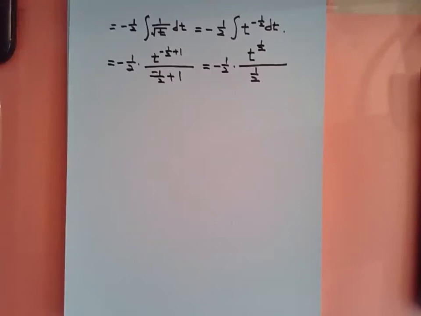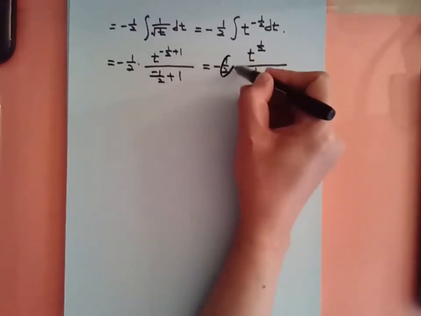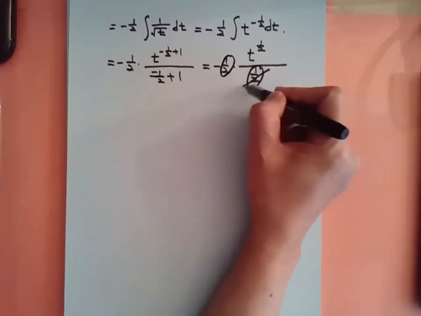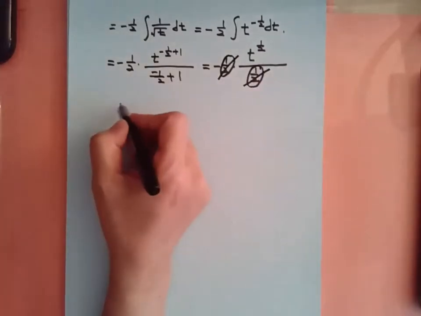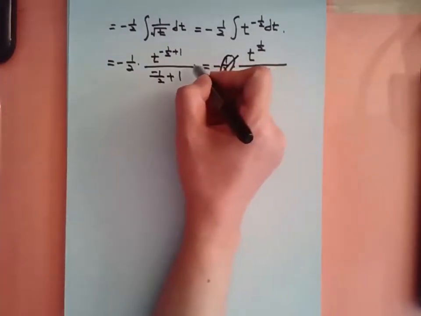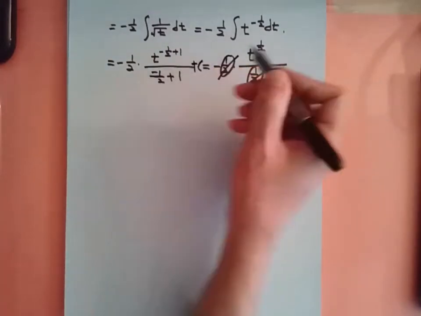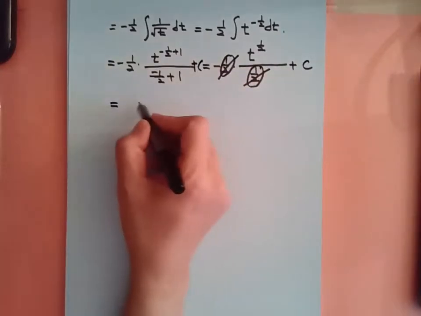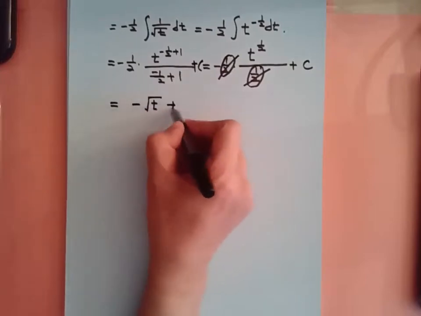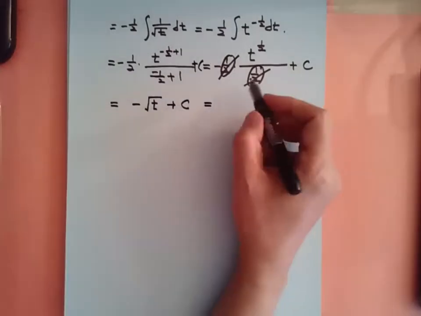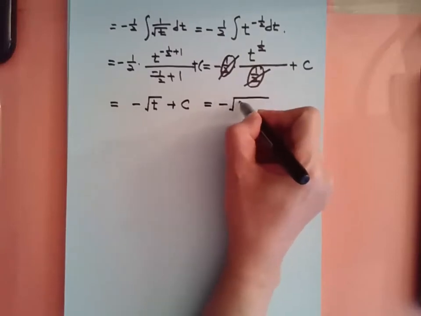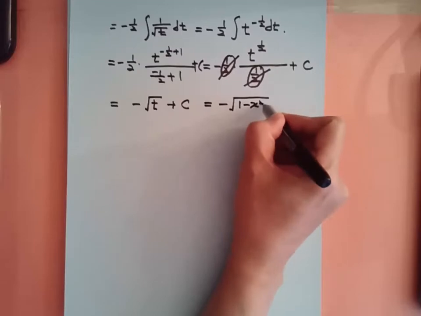And then what you will notice is that 1 over 2 and 1 over 2 in the denominator are the same, so they will cancel each other. And here I had to put plus c because that is an indefinite integral. So we have minus square root of t plus c. t was 1 minus x squared. So finally, we are getting minus square root of 1 minus x squared plus c.